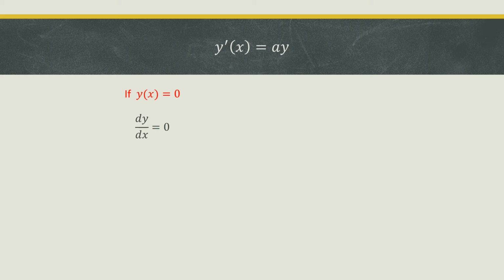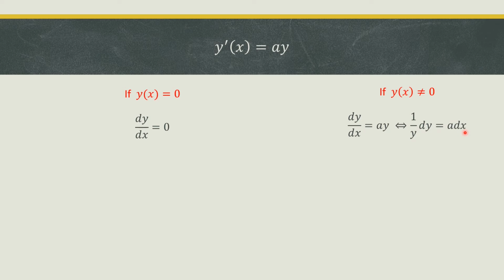Now, for the case when y is not 0, what we can do is divide both sides by y. And we can do that because y is not 0. And now looking at this equation, we can say that maybe we can just integrate both sides. Here we integrate with respect to y, and here we integrate with respect to x.